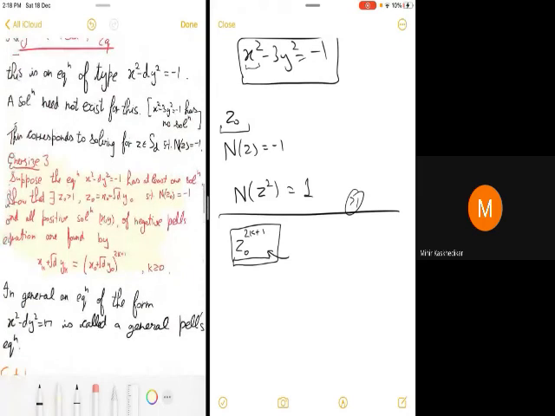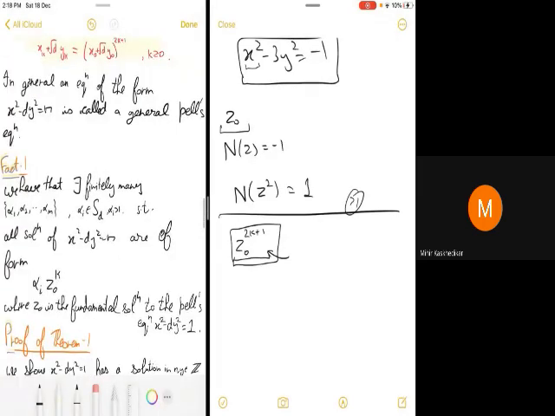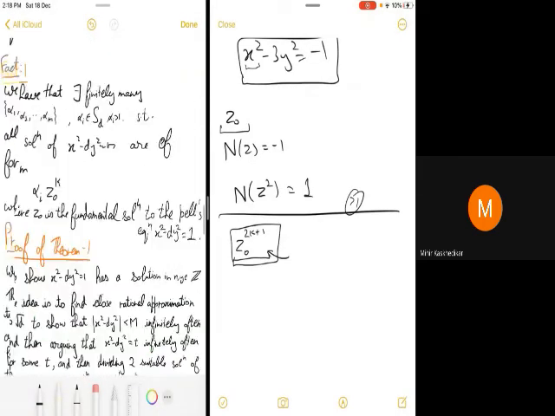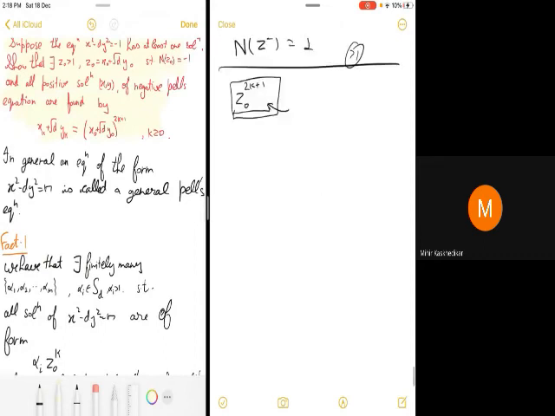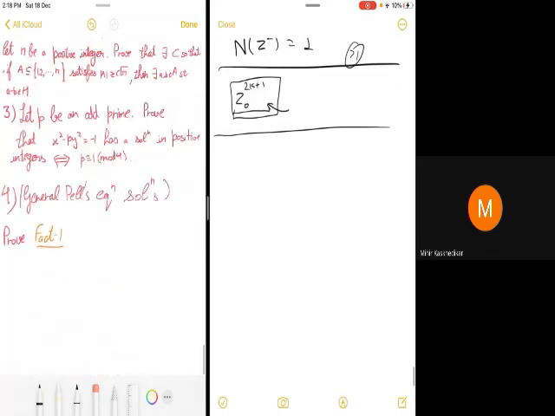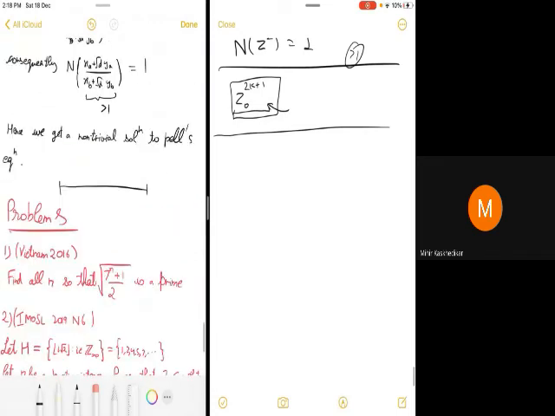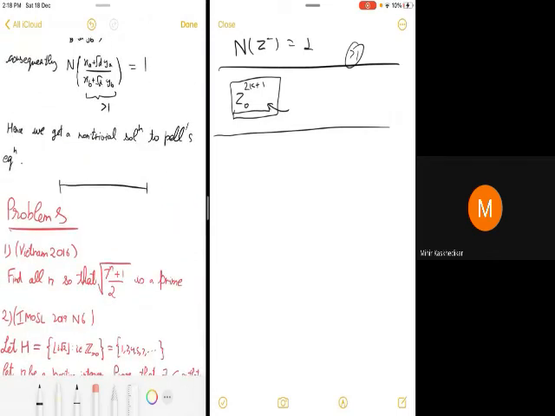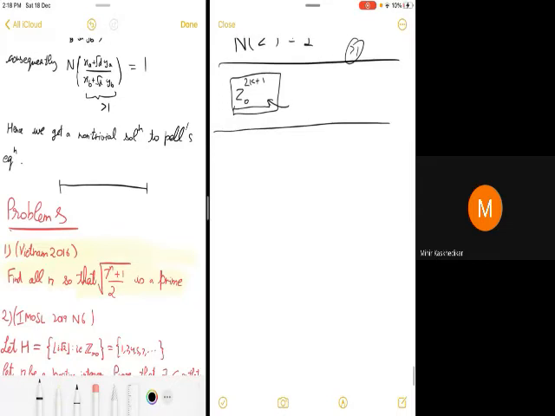So now let's do a problem, I think. Let's do this problem first. So we want to find all n.